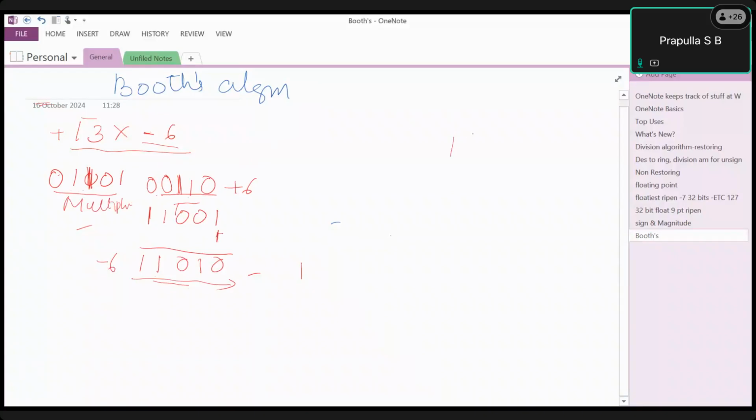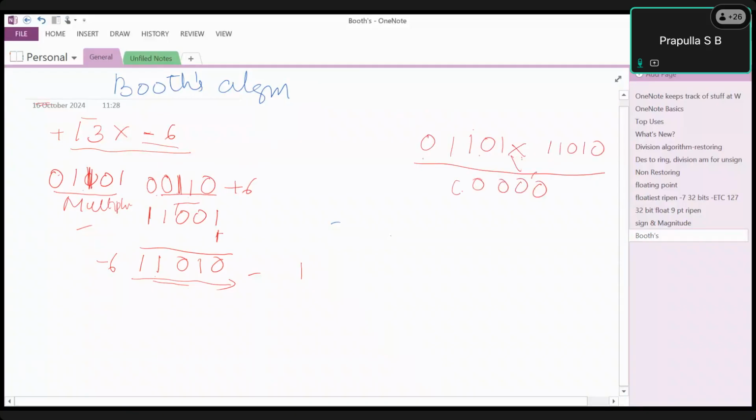Now I will show you how to recode this. But first we will take one example of how a normal multiplication works, then I will show you how Booth's algorithm works. So see, I have 1 1 0 1 0. When I do a normal multiplication, multiplying with 0 is just zeros.